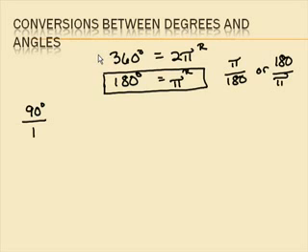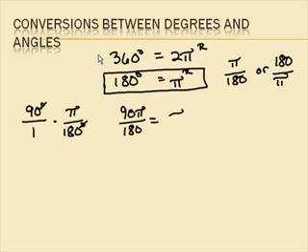I want to get rid of the degrees, so I'm going to choose the one with the pi over 180. So then the degrees are going to cancel out, and I have 90 pi over 180, and I can reduce that fraction to pi halves. So pi halves is the radian measure for 90 degrees. So it's equivalent to 90 degrees.